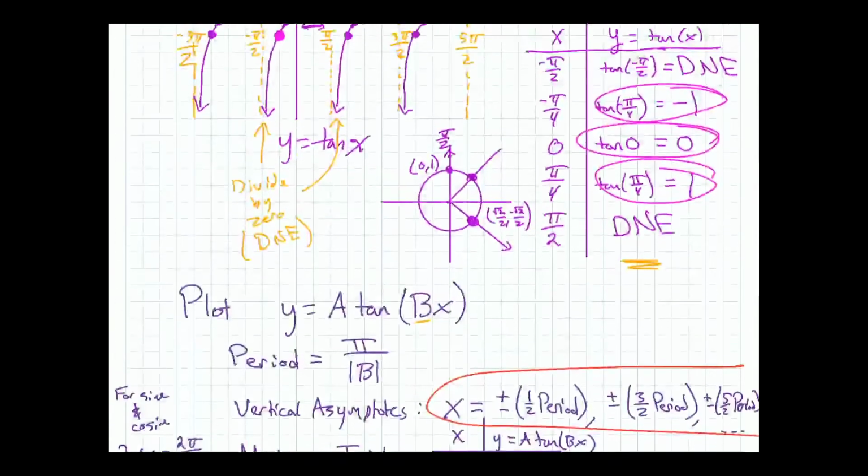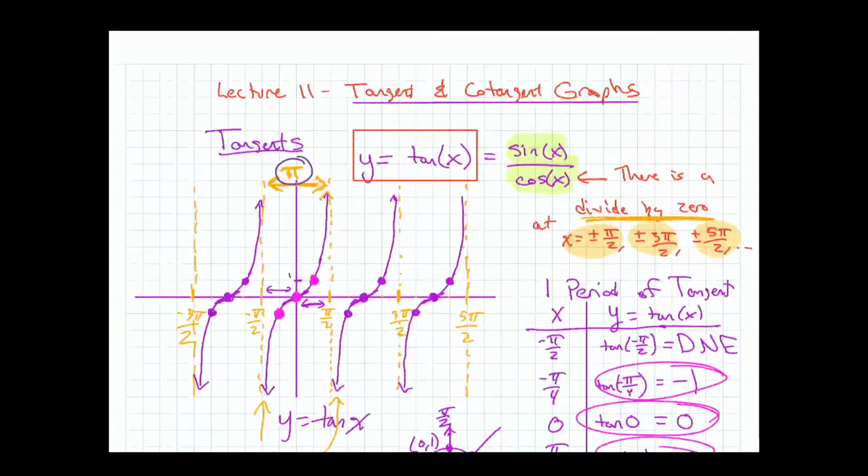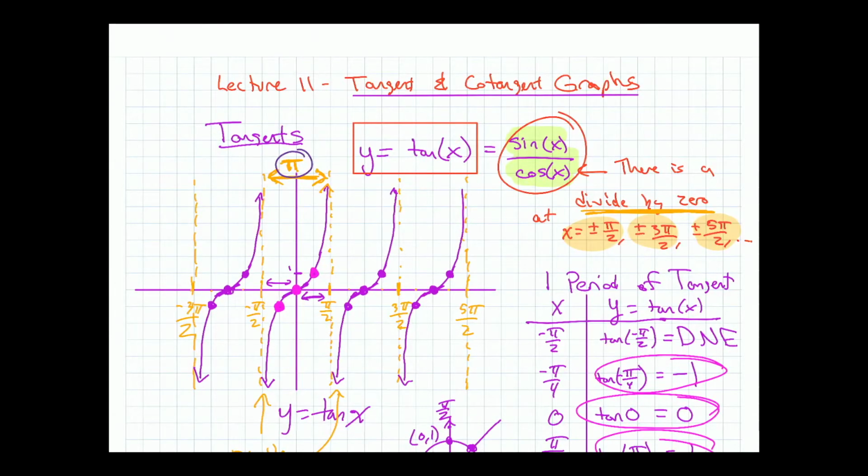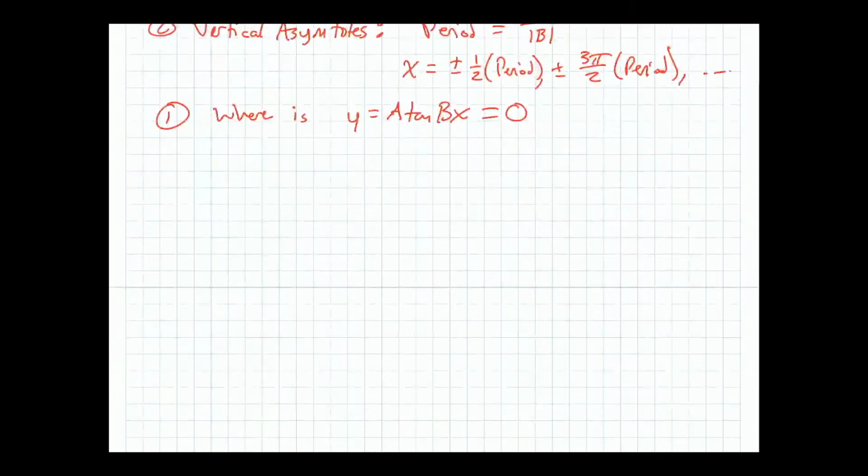Like if you think about it, the original thing is sine over cosine. And so the asymptotes are the places where the cosine is 0. That's where a divide by 0 is. It's going to be 0 where the sine is 0. So when you say where is it 0, that would be where sine bx would be 0.